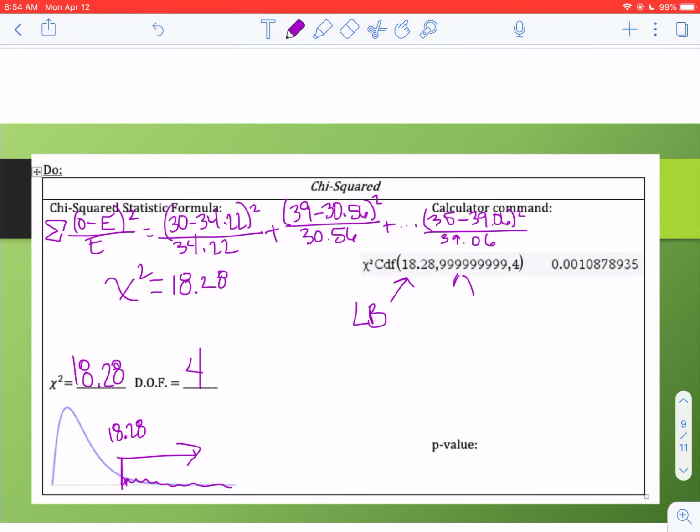So that's our lower bound, that's our upper bound, and this is our degrees of freedom. We ended up with a p-value of 0.001, which again is a pretty low p-value and a pretty high chi-squared. So notice that sort of inverse relationship between those two.